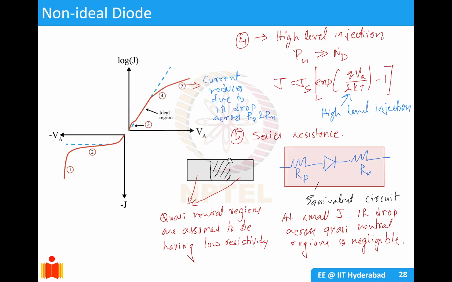Hence the actual voltage reaching the depletion region, your junction region, is much lower than the applied value at the ends of the diode. So due to the actual applied value at the junction being lower, your current also decreases, and hence you see a further dip in your current.